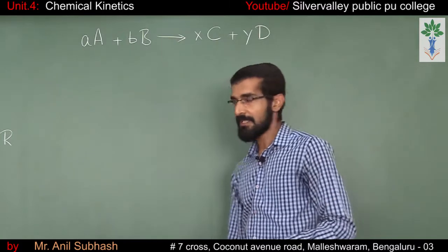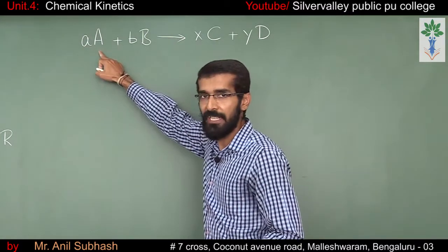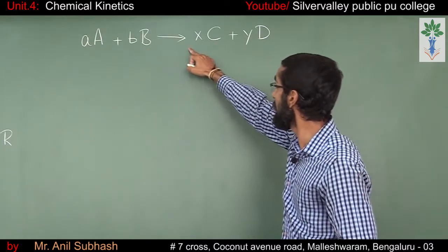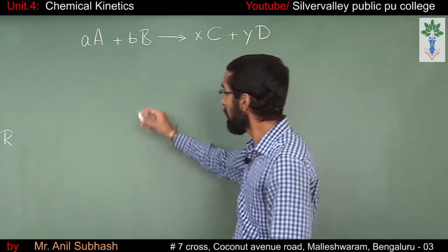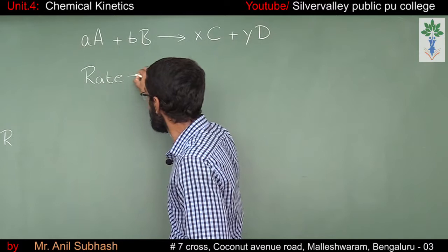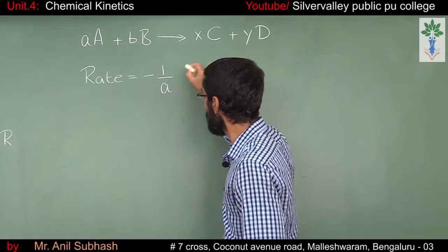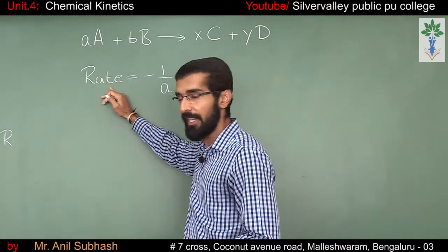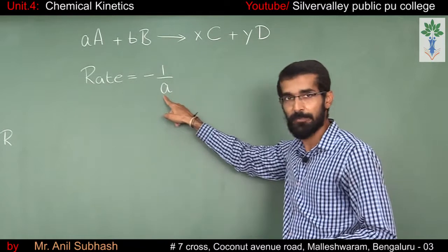Now, let us consider a general reaction of the type a moles of A plus b moles of B gives x moles of C plus y moles of D. How to write the rate for this reaction? Whenever you write the rate for any reaction, the coefficients are always taken as the reciprocal.